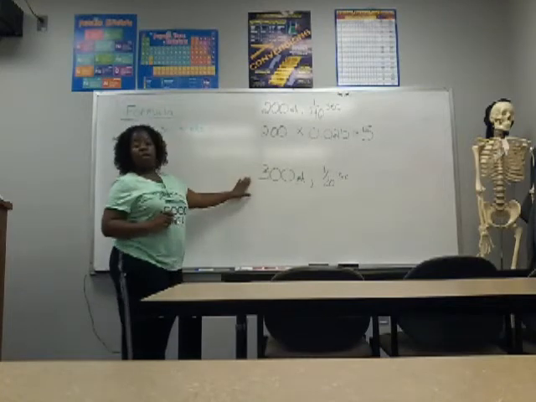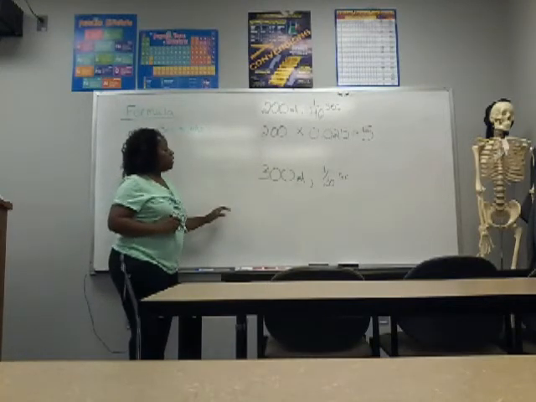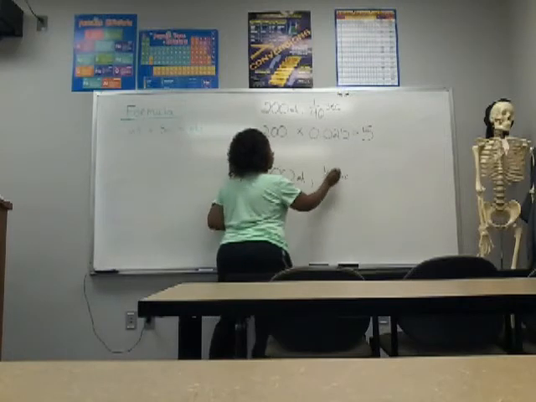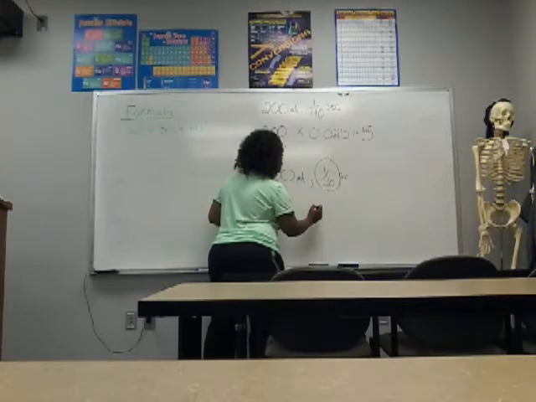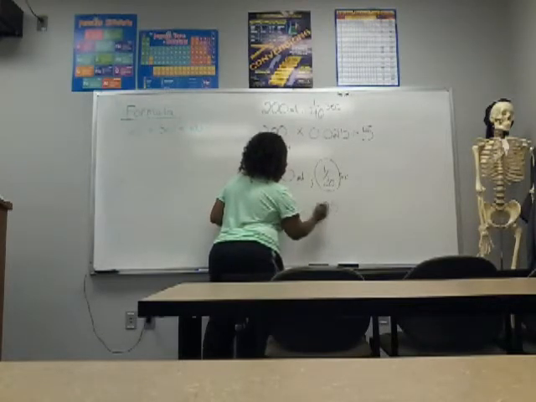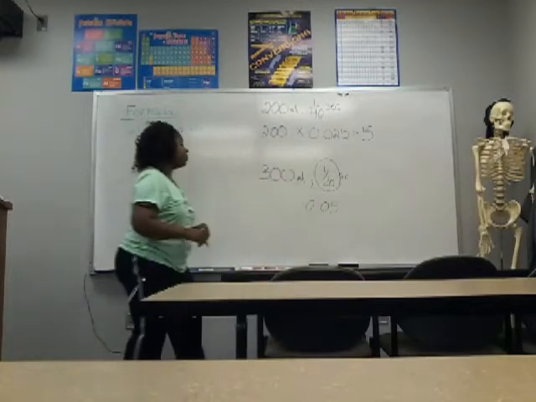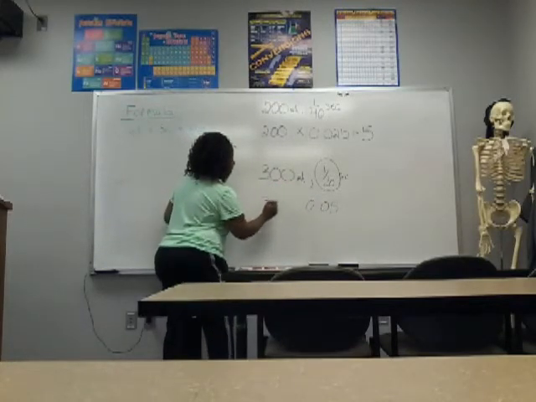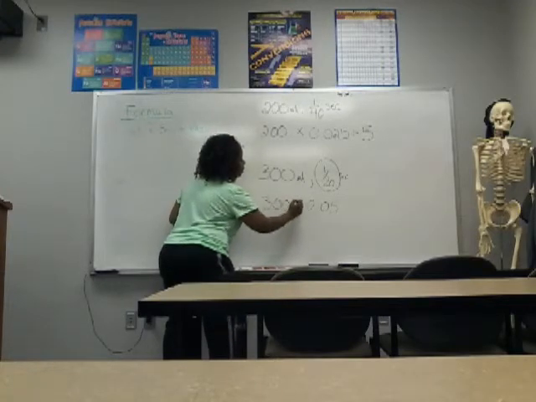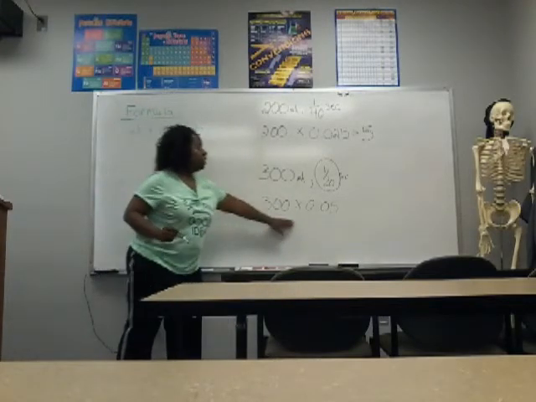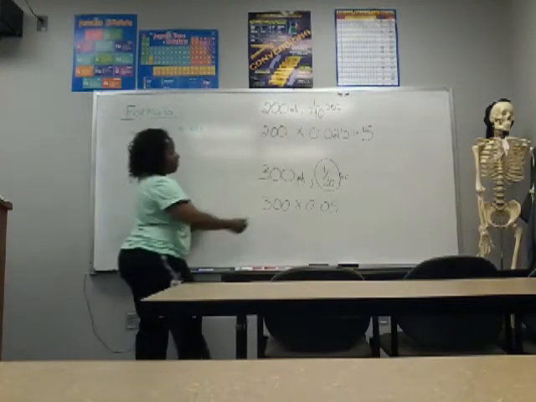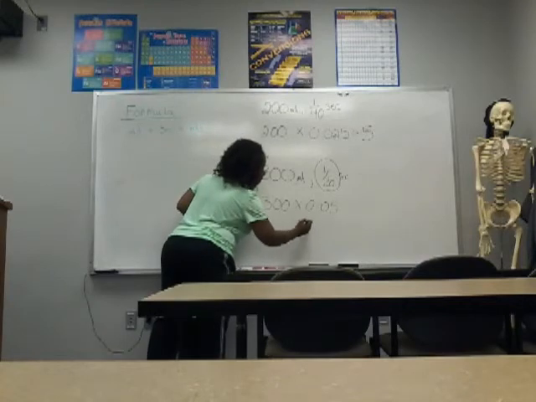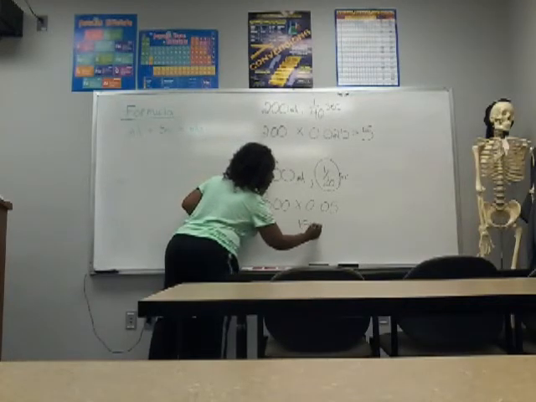Next, we're going to do the same thing. First, convert this fraction into decimal form, which equals 0.5. Then we have 300 mA times that, which is simply going to give us an easy answer of 15 mass.